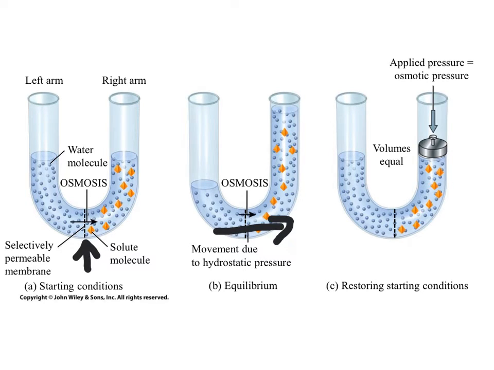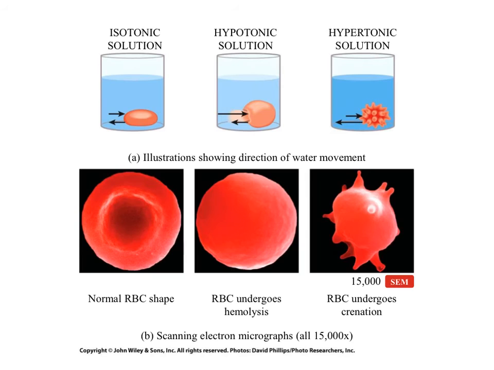So this is passive movement of water, and the reason it's doing this is to reach equilibrium, because if enough water goes into the right side, then we can equal that out, okay? So osmosis is the movement of water, passive transport with the concentration gradient. This last picture, don't worry too much about. By applying pressure, they're pushing the water back into the other side to equal out the volumes.